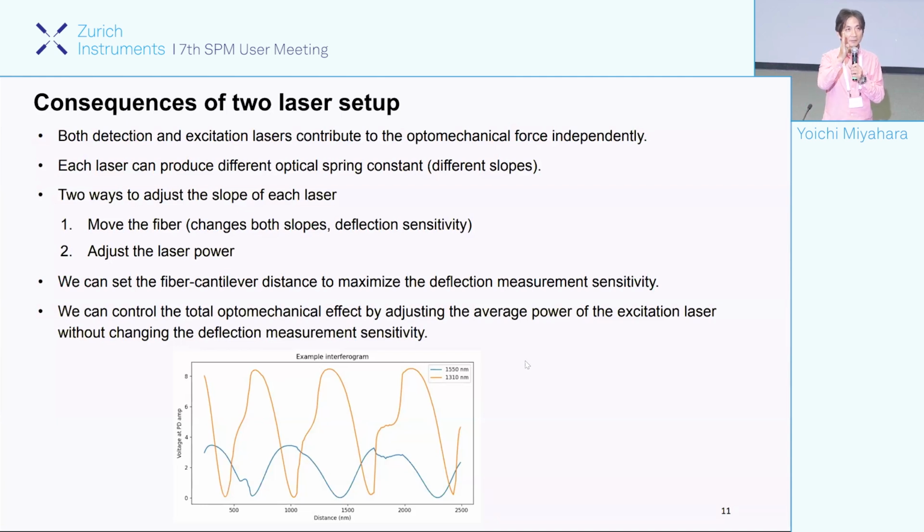We want to fix the position where the sensitivity is maximized for detection. But now we have another choice, which is the power of the excitation laser, which can set the cavity optomechanical force independently. So now we try to explore how one can take advantage of this possibility to optimize the noise.